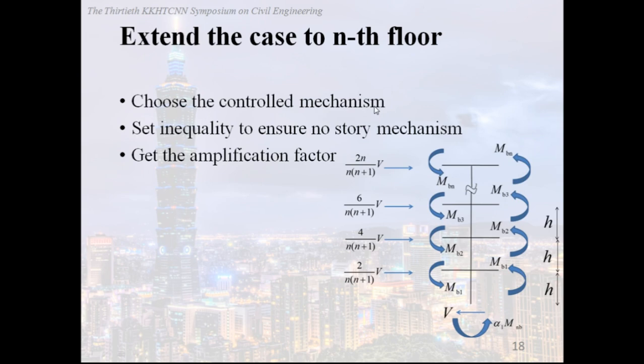We use the direct moment equilibrium to get the base shear V. And step 2, we set the inequality to ensure no story mechanism. We hope that no plastic hinge occurs at both ends of columns. And step 3, finally, we will get the amplification factor alpha.